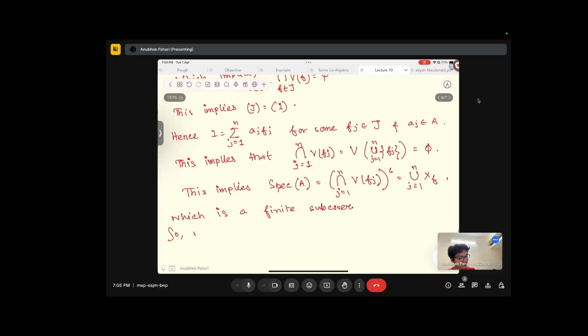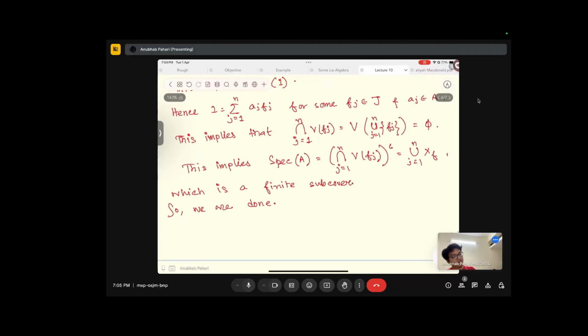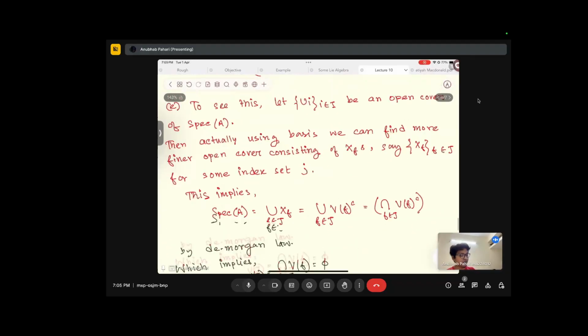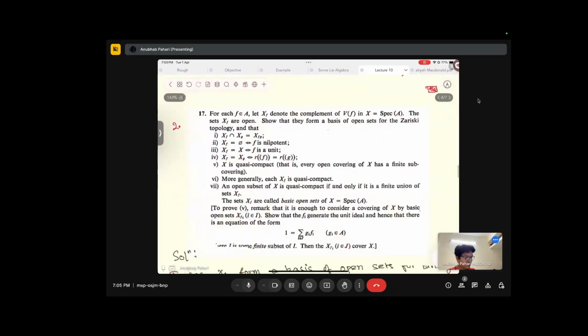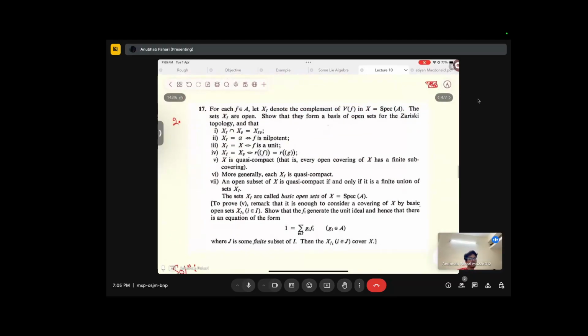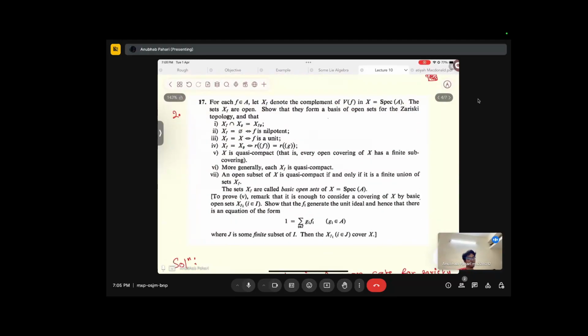So we are done. So we have shown that the Spec is quasi-compact.